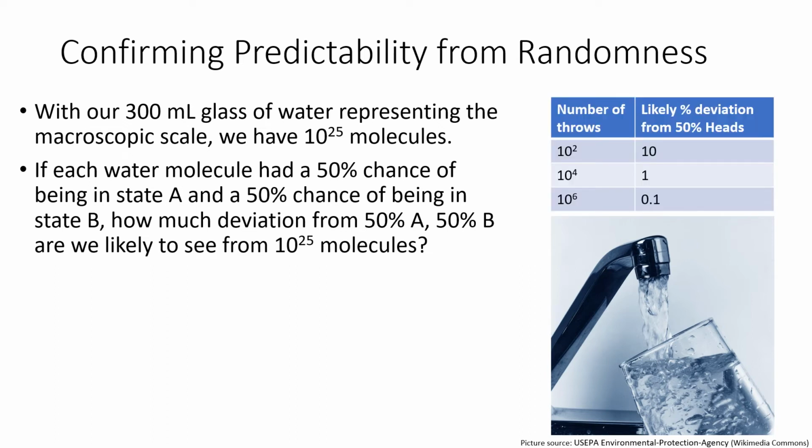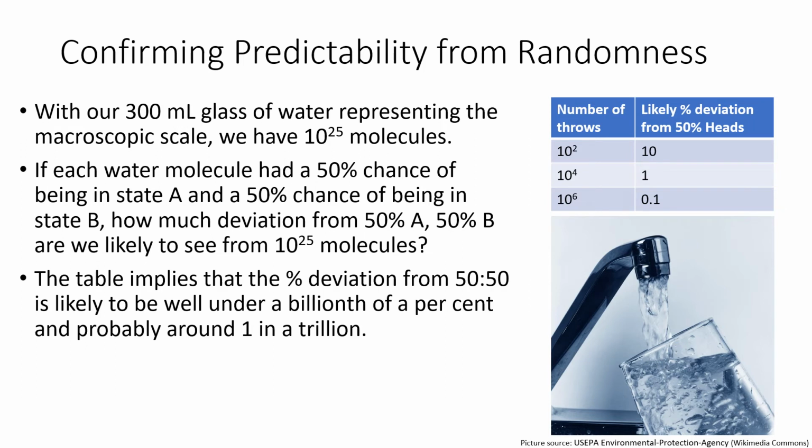So there's the table we had a moment ago, and we ask ourselves, what are we likely to see? Well, we've got 10 to the power of 25 molecules. But when we look at the numbers of throws, which is a bit like numbers of molecules, all those values are even powers. So suppose we underestimate the number of molecules a bit and say it's 10 to the 24 rather than 10 to the 25.